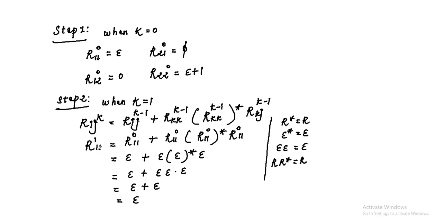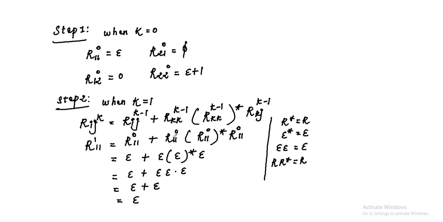In Rij, R11 is your ij value and the power 1 is the k value. So i and j values would be 1, 1. K value is 1, so 1 minus 1 is 0, plus R base kk. We already know k is 1, so R base 1, 1 raised to the power 0.